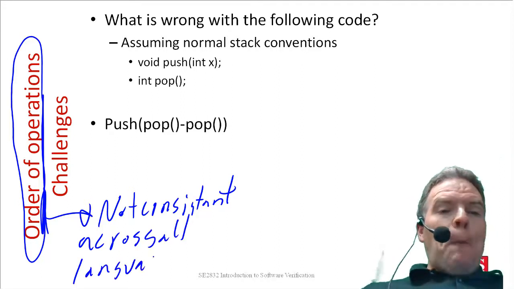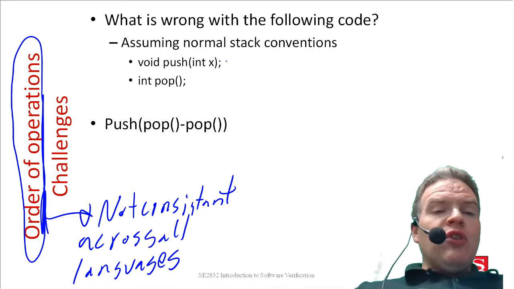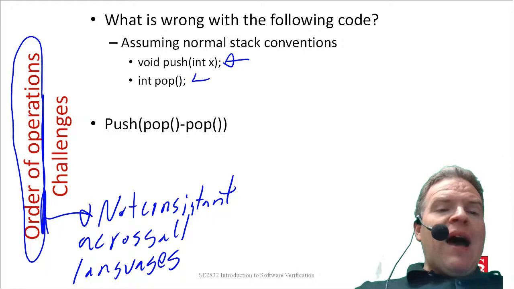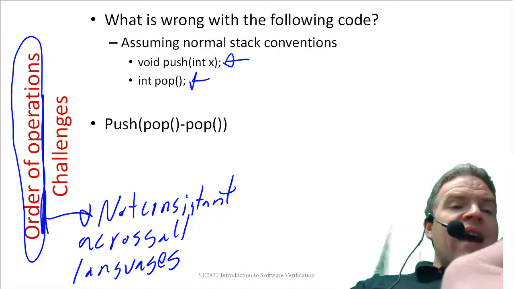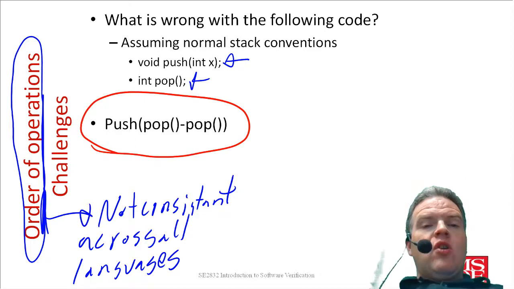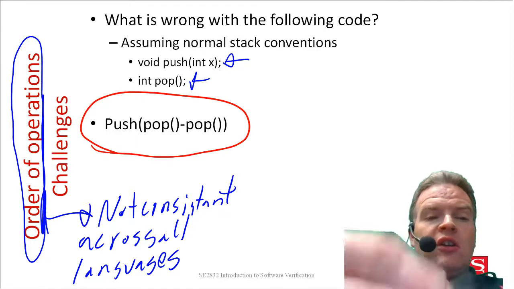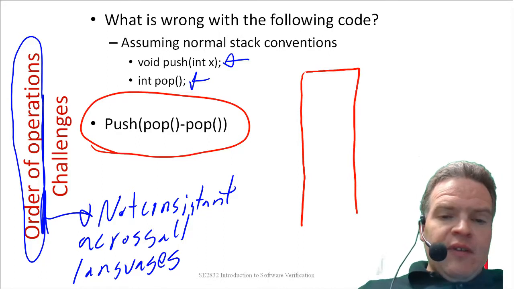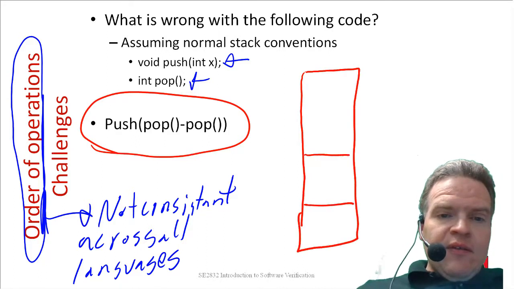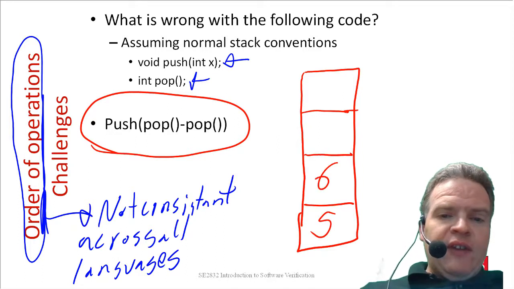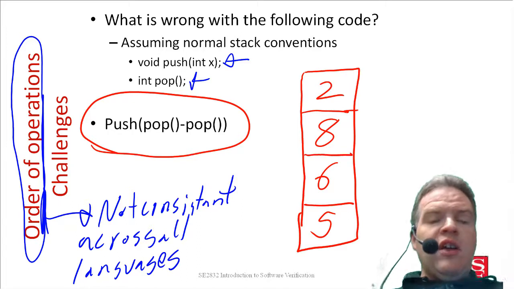So for example, if I have normal code where push basically puts an int on to the stack and pop pops it back off, if I have this code right here, what's going to be the result? So for example, I'm going to build a stack here. And I'm going to have in this stack 5, 6, 8, and 2.